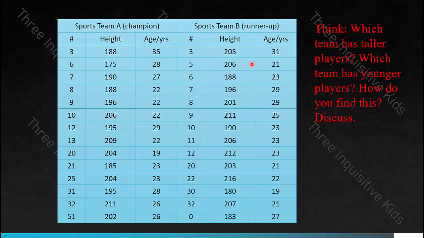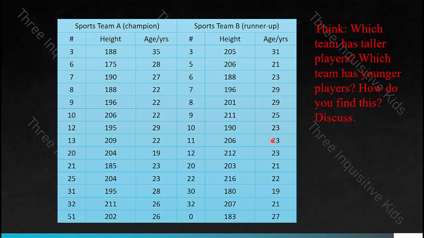But what about their ages? Let's look at their ages. The oldest on sports team A was 35, but there are plenty of 19s and 22s as well. We see a more drastic change in sports team B, where you see two in the 30s and lots of these around the 20s.